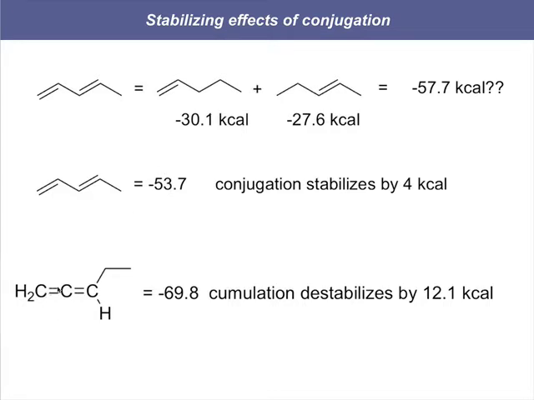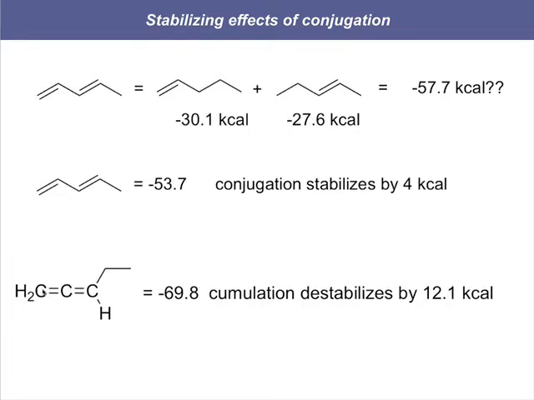Here's another example of a molecule that also has a monosubstituted double bond. This double bond right here only has one carbon attached to it, and a disubstituted double bond. This double bond right here has one carbon attached to it and a second carbon attached to it.